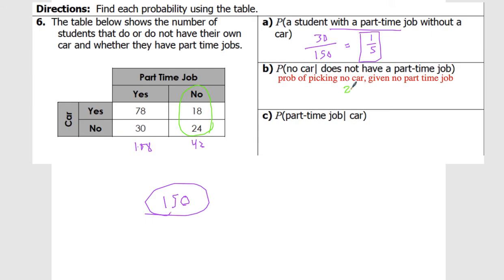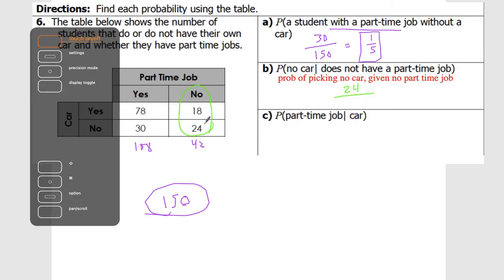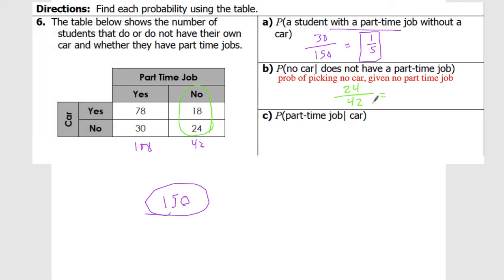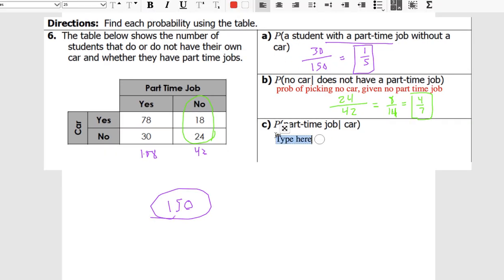So it'd be 24 out of whatever this total is, which we already totaled at 42, which we can reduce. Actually, we can divide both by 6. So instead, it'd be 4 out of 7.